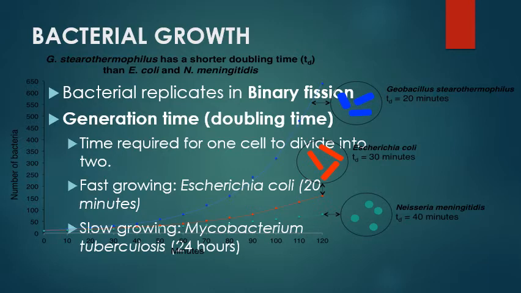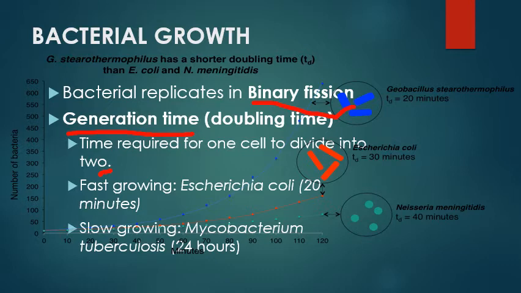Next, we need to discuss bacterial growth. So, bacteria replicate using binary fission. Note, hindi lahat ng bacteria nagre-replicate agad. There are some bacteria na within 30 minutes, mas marami na sila. So, the time required for one cell to divide into two is called generation time or doubling time.